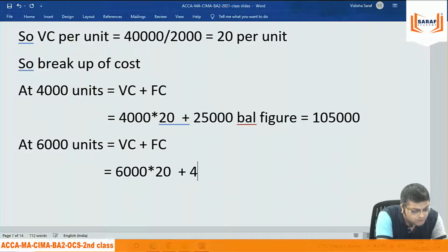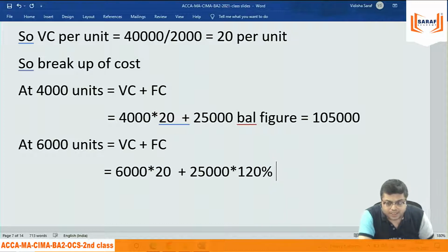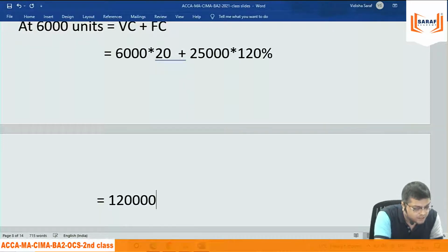But fixed cost will be 25,000 into 120% because it is 20% more. Fixed cost is 25,000 plus 20% of 25, means 120%. So it is coming basically 1 lakh 20 plus 30,000. So it is coming 1 lakh 50,000.